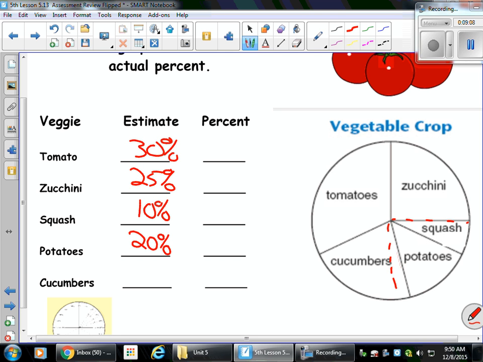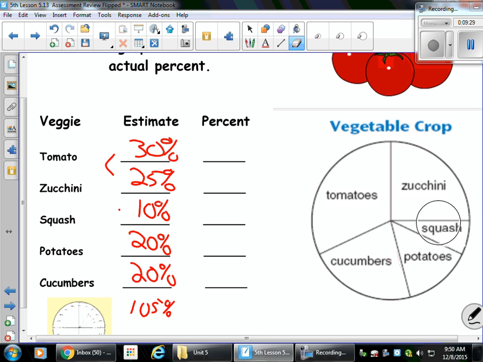And then cucumbers, we're going to give 20% as well. It's okay to be off a little bit with your estimating, but if we were to add these up, we'd be about 55%, 65%. So right here, we're at about 105% when we add these up, okay? Not too far off. This is where you have to be exact, though, when you start using your percent circle on your assessment here. I'm going to bring this one over here.